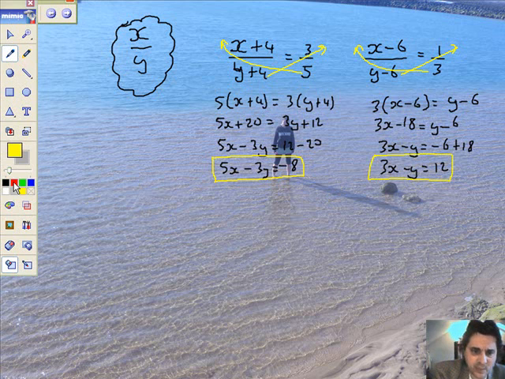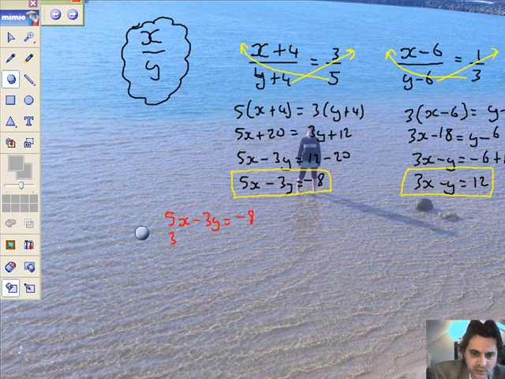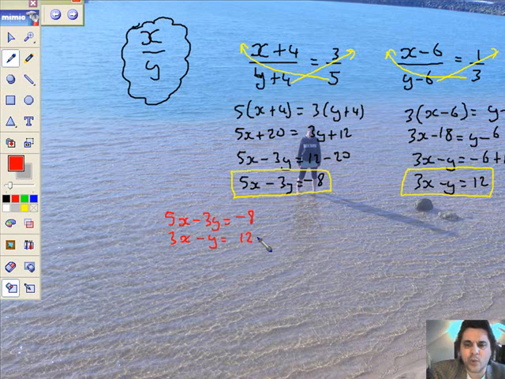So you two guys come with me, we'll work in red. I've got 5x minus 3y is minus 8, and I've got 3x minus a single y is 12. Well, no point upgrading these to 15s, let's just upgrade these to 3y's.